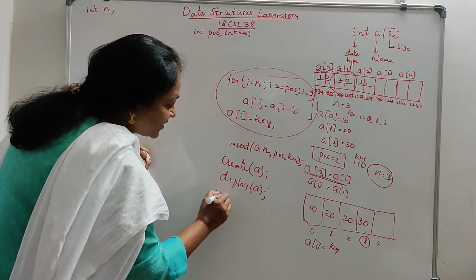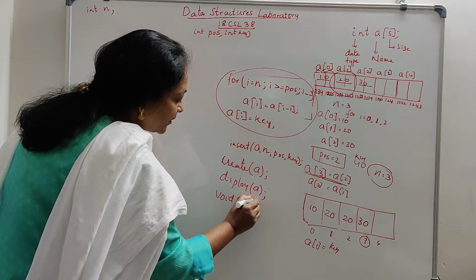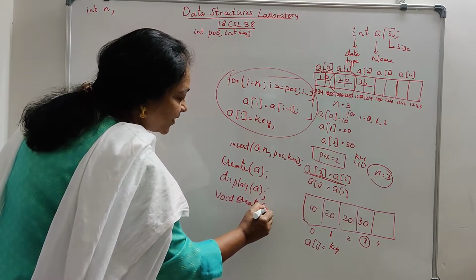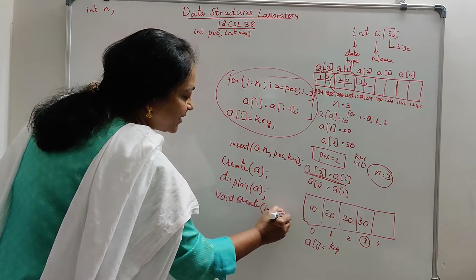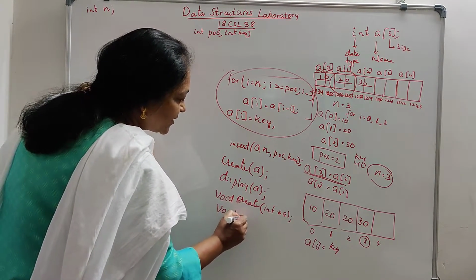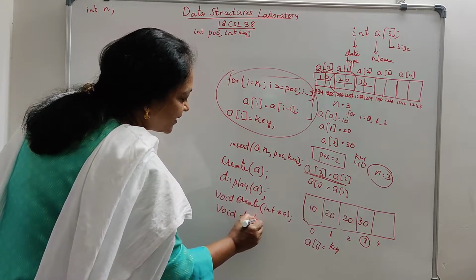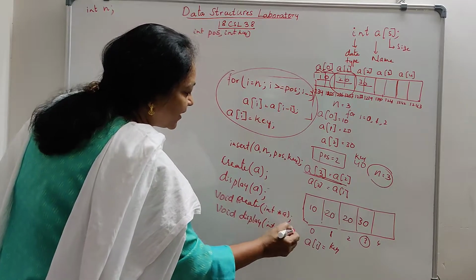When you write the function header, you write int asterisk A, that's it. In the same way, when you write the display function, you write display and int asterisk A. You can remove that A.